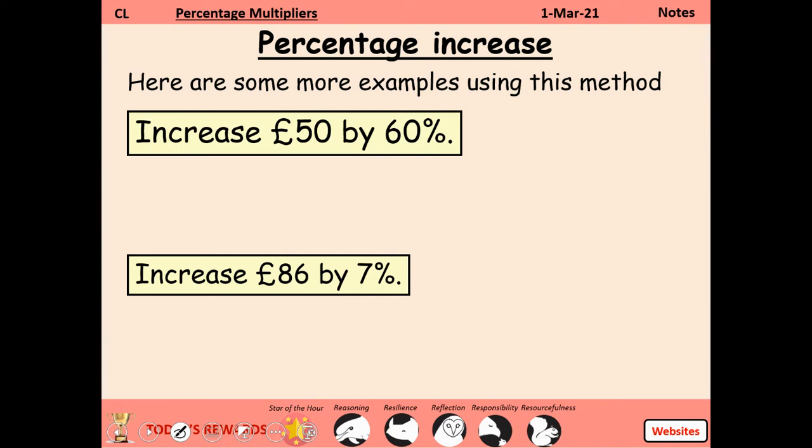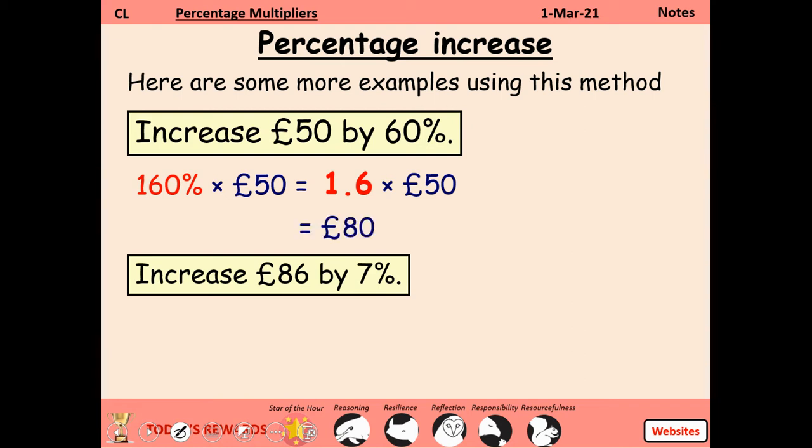So what we're trying to work out is 160% of £50. Now, 160% as a multiplier would just be 1.6, because you just divide it by 100, and you multiply it by £50, and that gives you £80. You can use your calculator, 1.6 times 50, and it'll be £80.